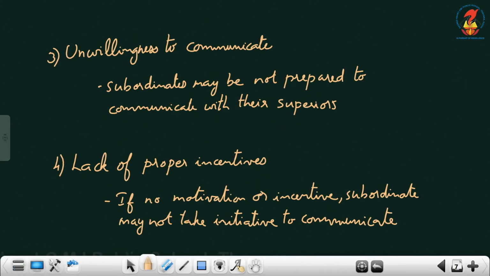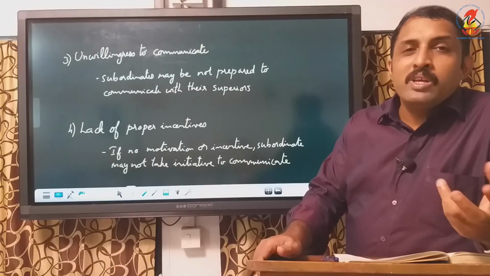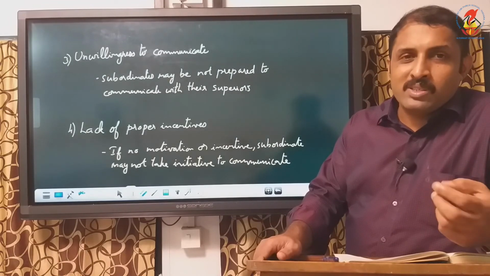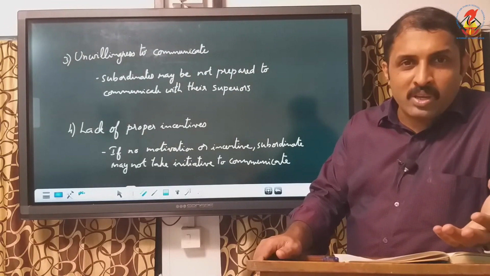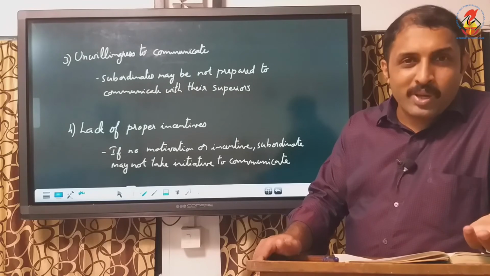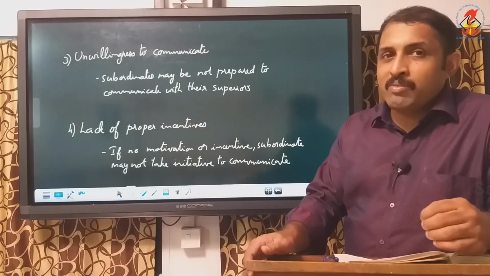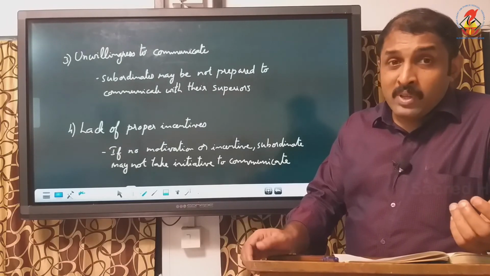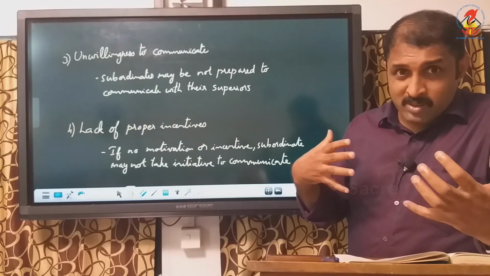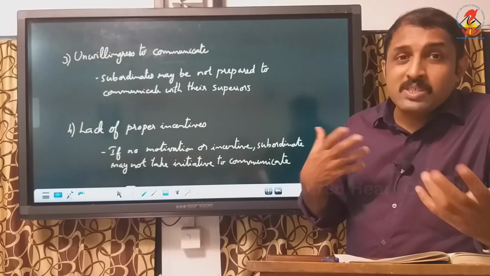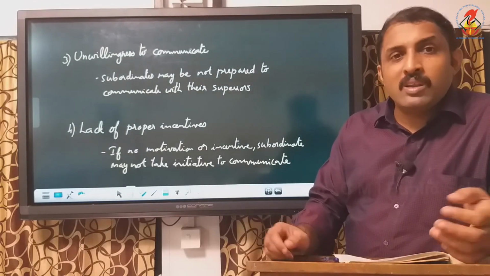Third one is unwillingness to communicate. The subordinate is not ready to communicate, not prepared to communicate, doesn't want to communicate, either because of fear, anger, or anything else. If the person doesn't want to communicate, it can create a problem.